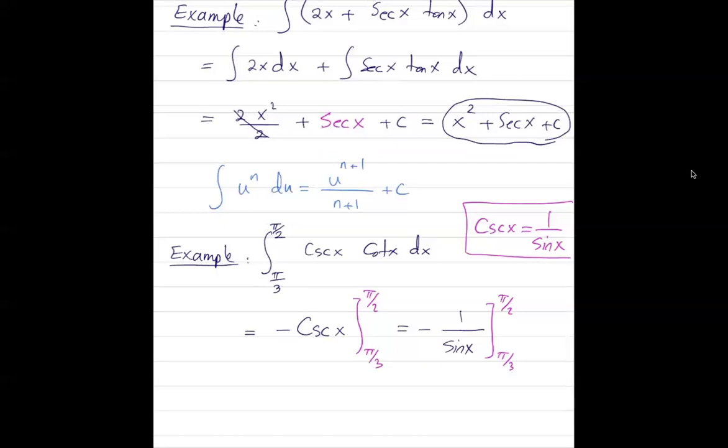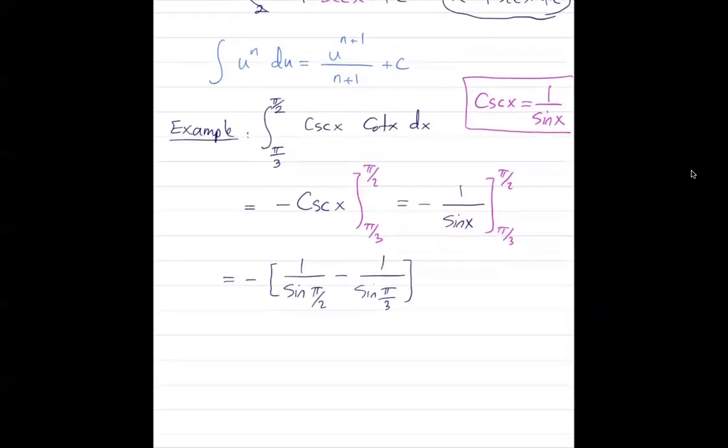So let us do the substitution. This guy becomes negative. You can leave the negative outside. 1 divided by sine of pi over 2, which is 1, minus 1 divided by sine of pi over 3, which is square root of 3 divided by 2.